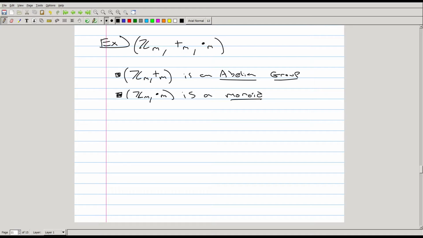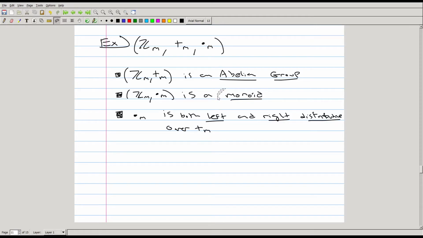And this modular multiplication is associative. And lastly, we have distributivity. Modular multiplication is both left and right distributive over modular addition.